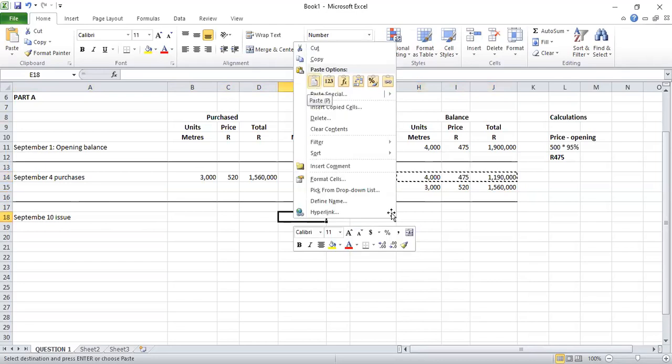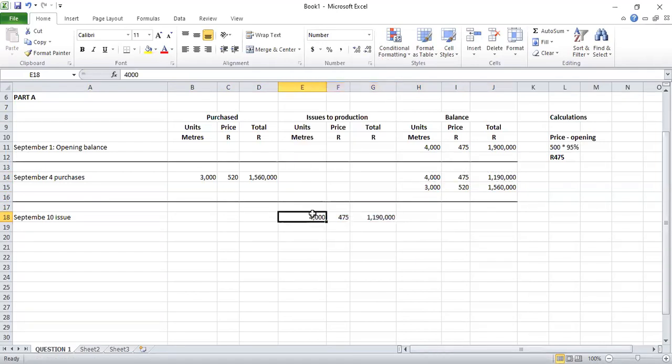Then to make them 5,500, the other 1,500 will come from here, at 520. I got the 1,500 by saying my 5,500 required minus the 4,000 from this page. So from this batch, we issued 1,500.